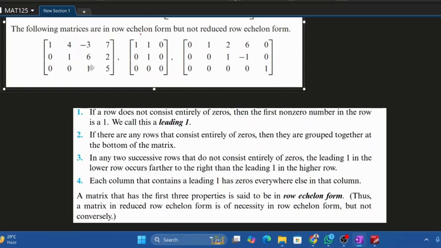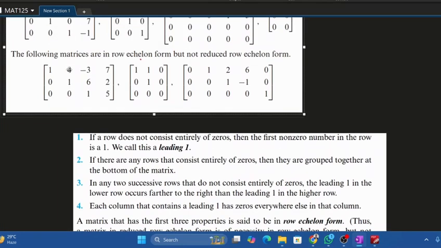So this will look like 1, 1, 1. This one cannot be here, and this one cannot be further left. The further down we move, the further right the leading ones will move.